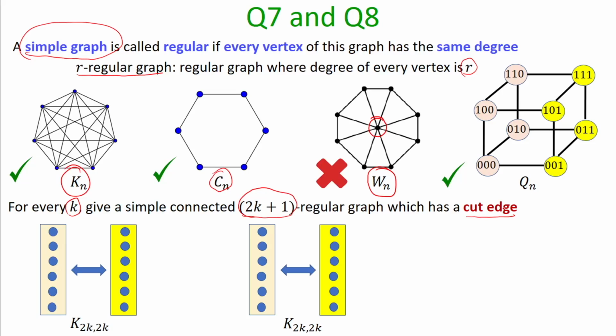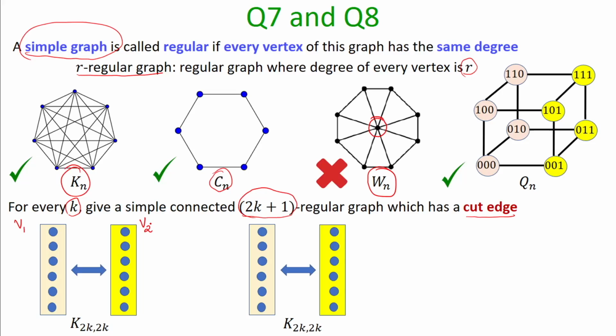So what we can do here is the following. We take 2 copies of a complete bipartite graph. So we take 1 copy of a complete bipartite graph where I have 2k nodes in the individual sets in the bipartition.